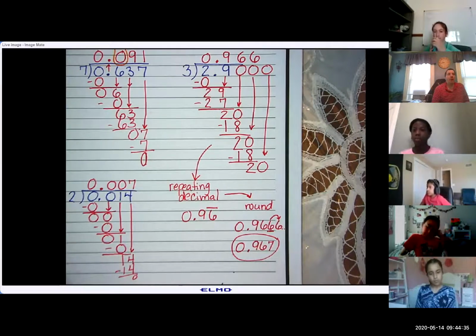Is that what you mean? Yeah, but how would you round it? It would be 0.944, because it would round down to 4. Okay, thanks. Yep.